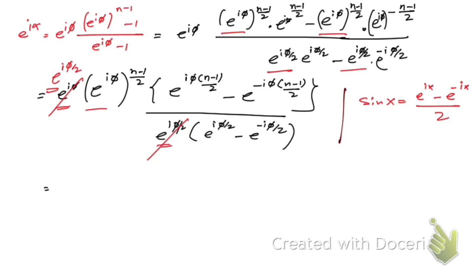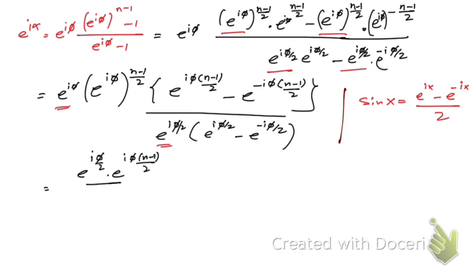And if you multiply these two, then we end up getting this result, e to the power i phi by 2 into e to the power i phi (n minus 1)/2.